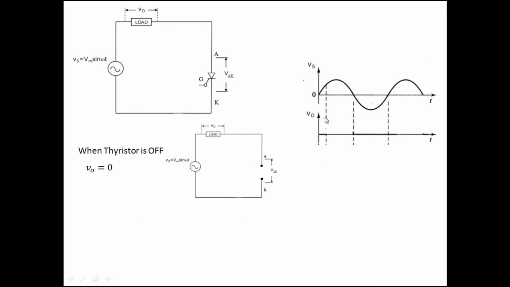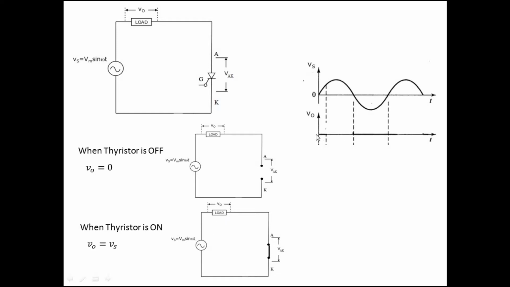At this point, at omega t equal to this value, we are giving the gate pulse and the thyristor will get turned on. When the thyristor is turned on, it is equivalent to a short circuit. So now this point will be connected here, and V0 is the same as Vs from this point onwards.